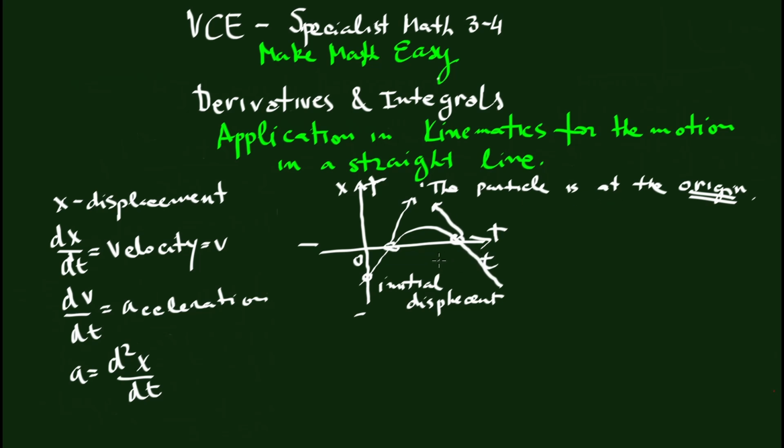And now let's add interpretation for velocity. Here, if you put, for example, in this point here, a tangent, we see that here velocity is greater than 0, and displacement is less than 0.